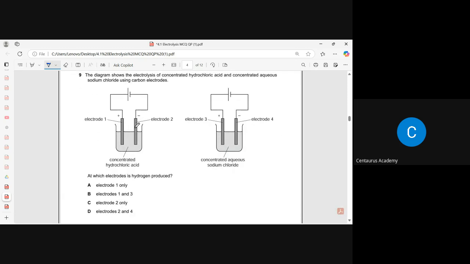Look at this question here. This says that the diagram shows the electrolysis of concentrated hydrochloric acid and concentrated aqueous sodium chloride using carbon electrodes.